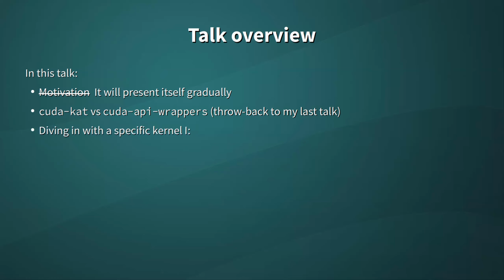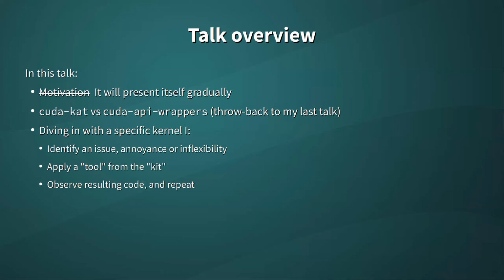And we'll spend most of our time diving into specific kernels, and we'll repeat the process of identifying some issue or something that annoys me or some sort of inflexibility. And we'll use one of the tools from the kit, or the set of kernel authors tools, to change the kernel. And we'll have a look and try to appreciate the resulting code, and we'll repeat this.